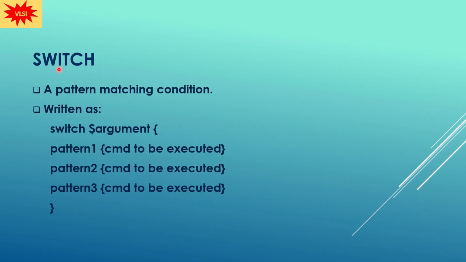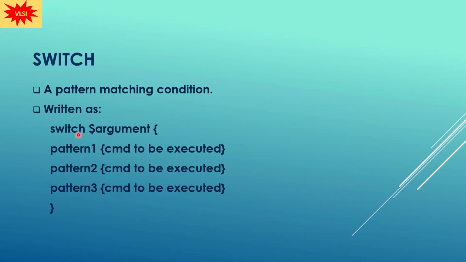Now let's say switch. Again, switch comes into the category of conditional loops only. We're using switch for basically a certain type of pattern matching. Or not exactly pattern matching, I would say, because pattern matching is a different topic. But here, when I say pattern, it can be any variable, or even a simple number, and it will be linked to a command that has to be executed.